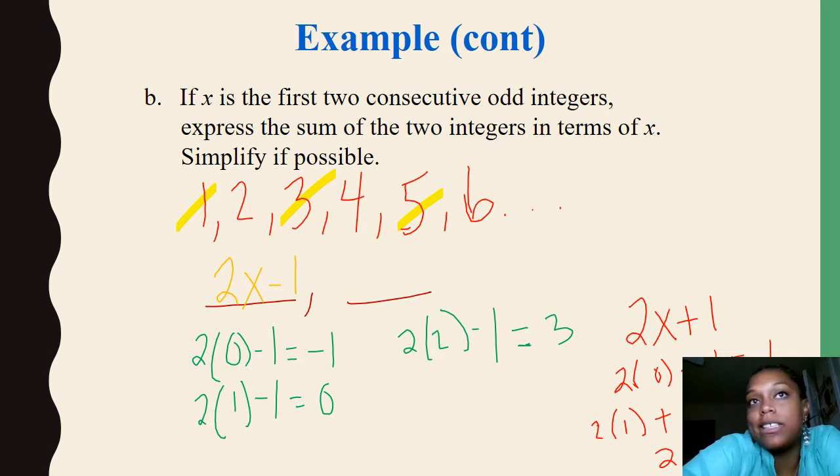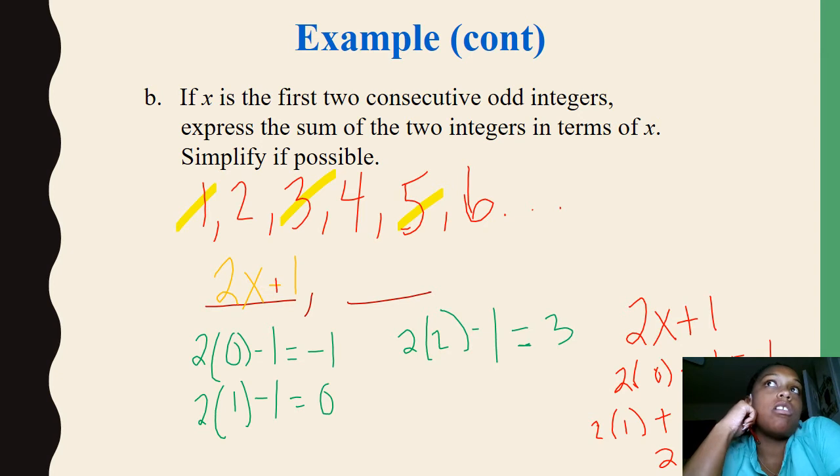Now, when I look at this, if I start off with 2x plus 1, then I'm avoiding those negatives that I don't like. So 2x plus 1 is going to get me one number that's guaranteed odd. I need a second number that's guaranteed odd.